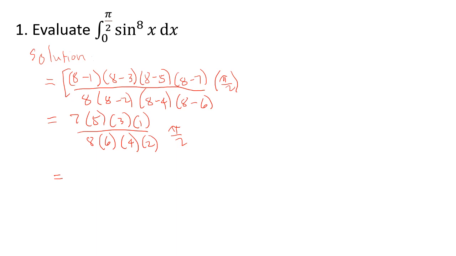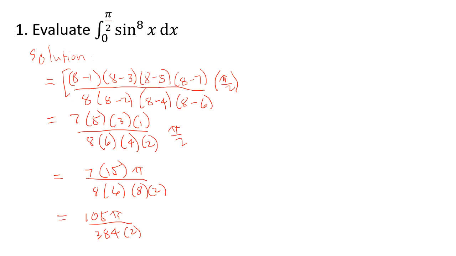Simplify further, 7 times 15 times pi over 8 times 6 times 8 times 2, or equivalently 105 pi over 384 times 2, which equals 35 pi over 256.